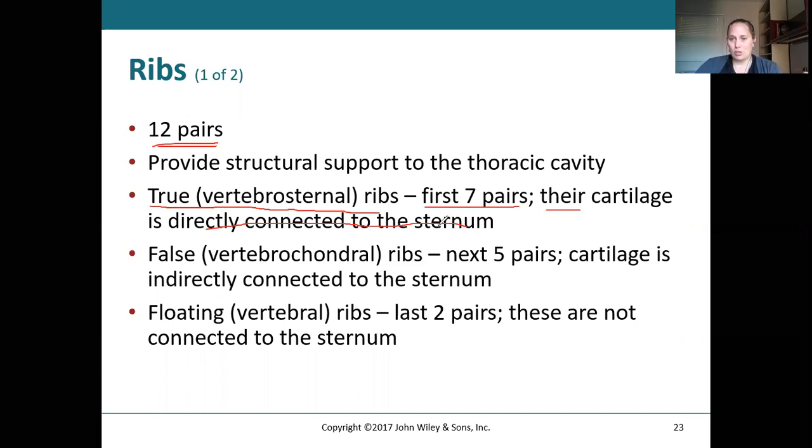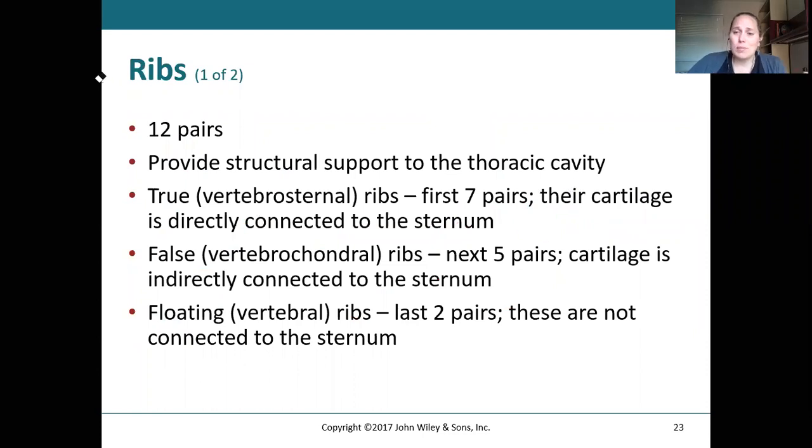So you have the sternum as your center part, and you've got connection to that. Then you have your false vertebrochondral ribs. Those next 5 pairs, the cartilage is indirectly connected to the sternum, which we're going to see on the next figure. And then lastly, you've got your floating or vertebral ribs, and those are the last 2 pairs that aren't connected to the sternum, aren't interacting with that cartilage. They're just hanging out way down there at the bottom on their own.